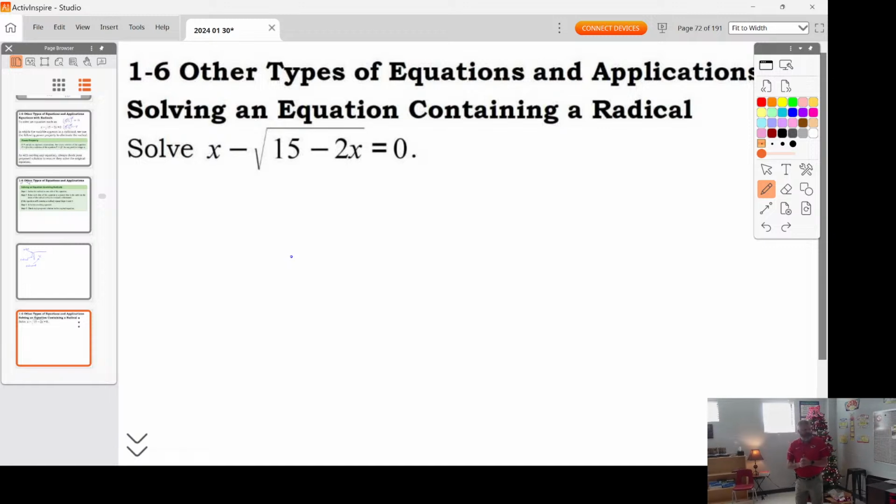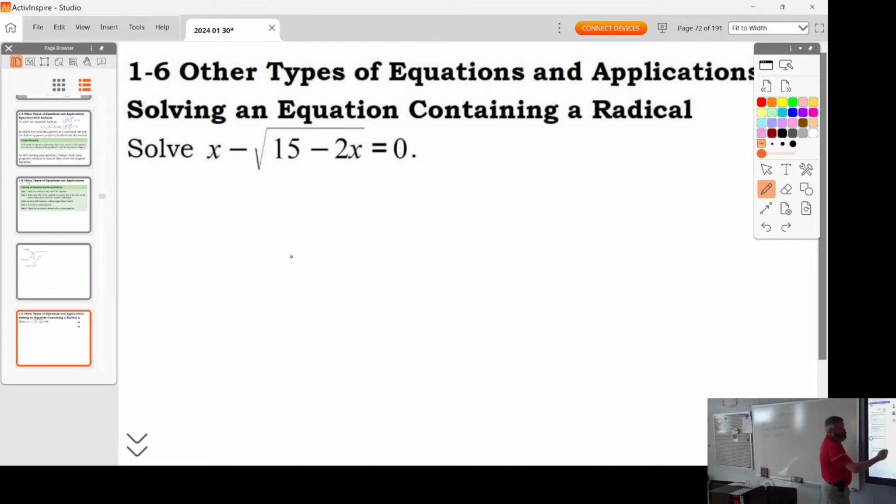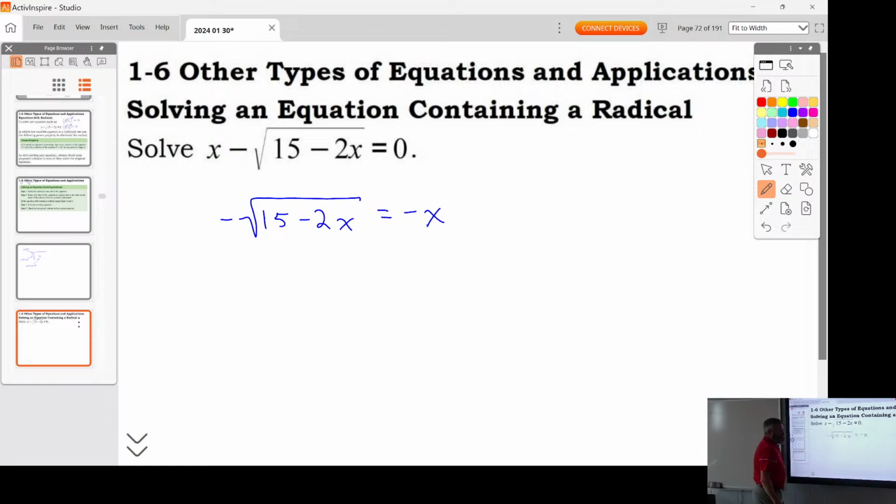What would you like to do to get that radical by itself? Subtract x? I could do that. I would have done it differently, but you suggested this, so I'll do it this way. I have subtracted x from both sides.